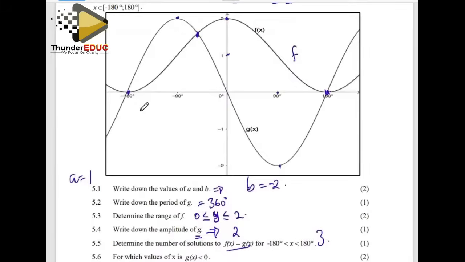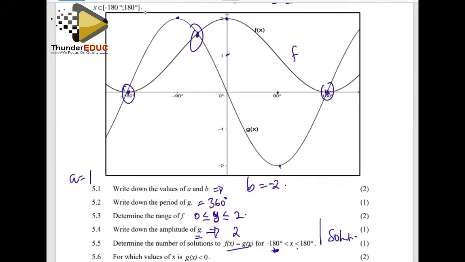But wait a minute. If it is f of x is equal to g of x, then this negative 180 is not part of it, and the positive 180 is not part of it because they are not equal signs, which means we have just 1 solution. It's not 3, rather it's basically 1 solution for that.